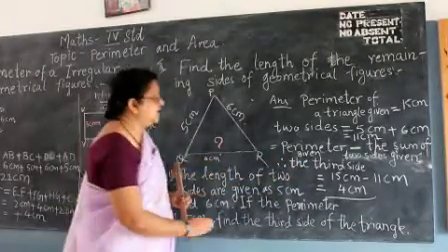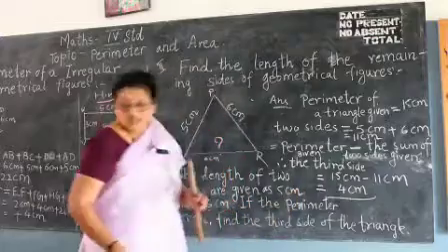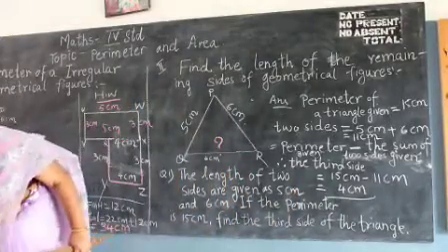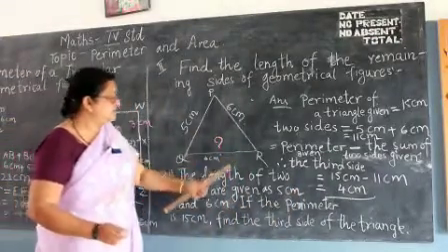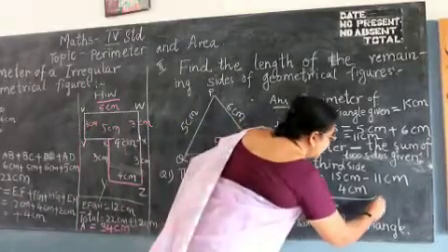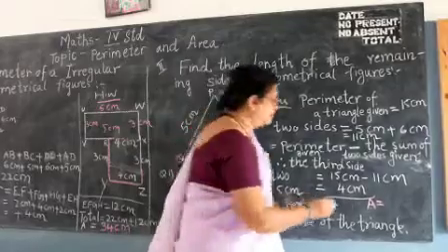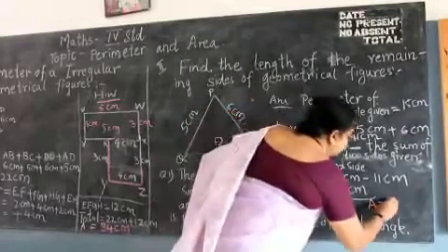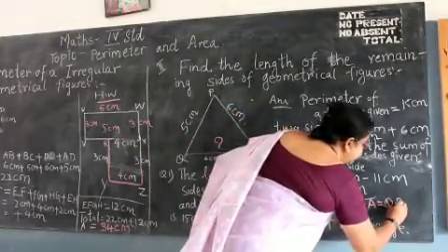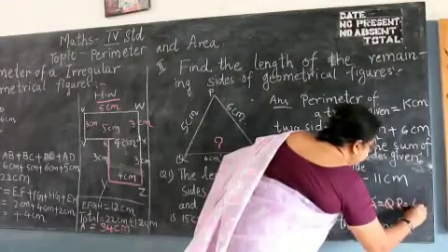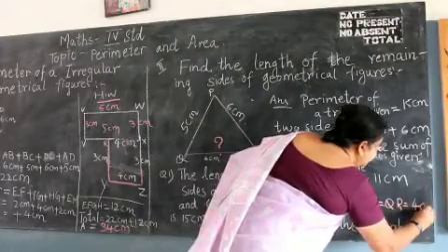The third side is what? P. What is the third side? QR. Therefore you will write the answer. Answer always in the question you have to write QR. Therefore QR is equal to 4 centimeter.